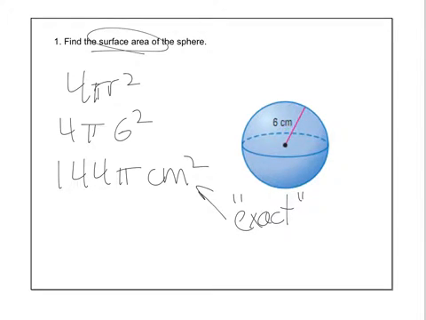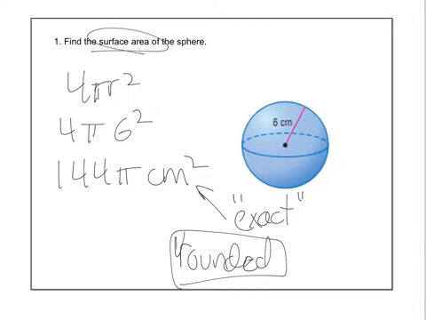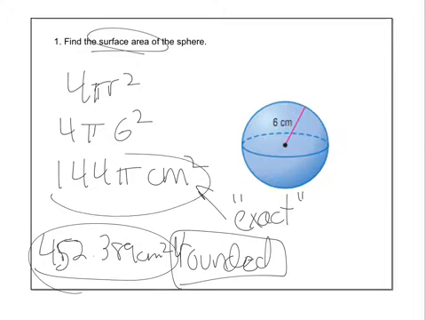For the rounded answer, I would take 144 times pi, which is 452.389 centimeters squared. So that's my answer with the exact and the rounded.